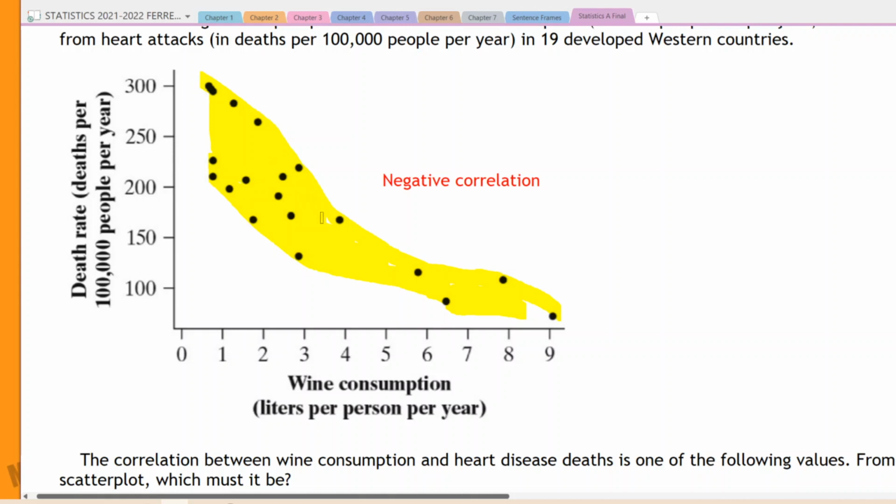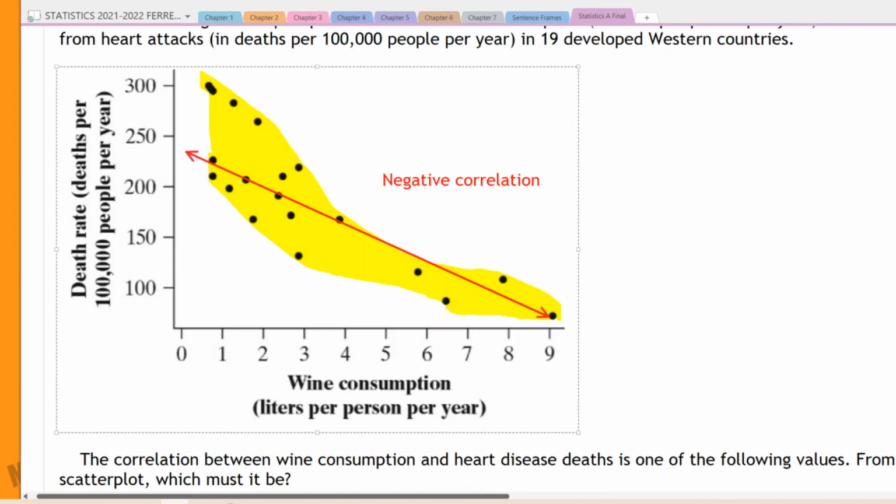In fact, you don't need a whole lot of imagination to see this diagonal downward sloping line that would basically connect all of these points. If I was going to draw the regression line here, I'd probably do something like this.